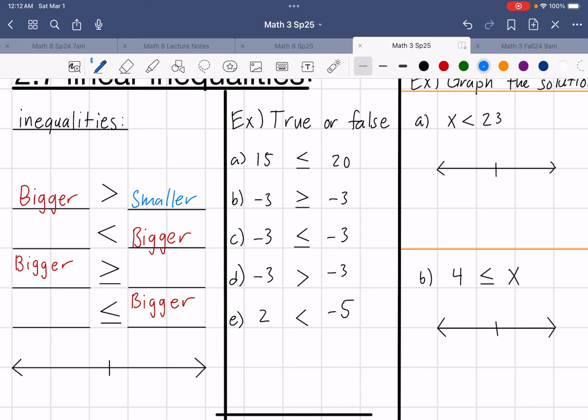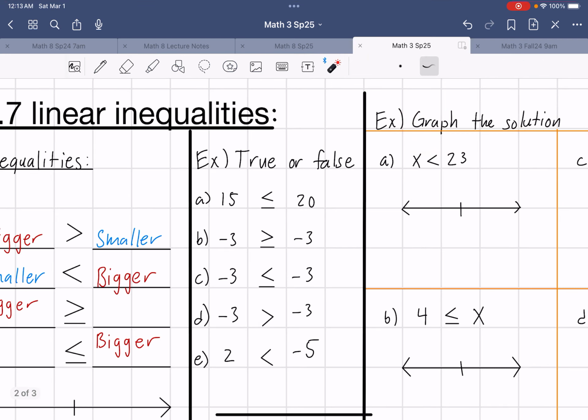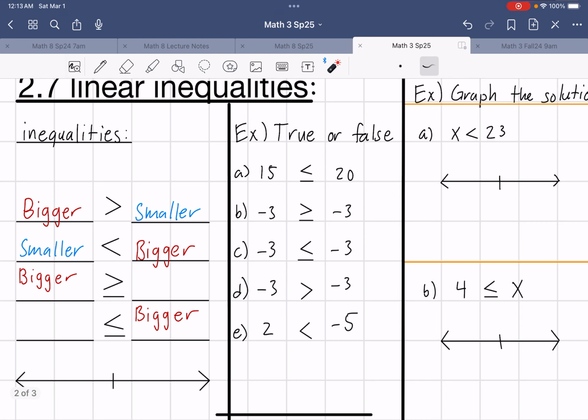The idea is we're going to get to solving linear inequalities. You can see a little bit here what we're going to get to, but we're going to use this idea of smaller and bigger.